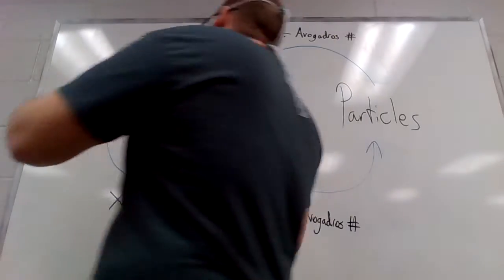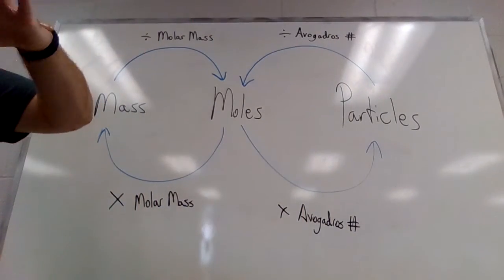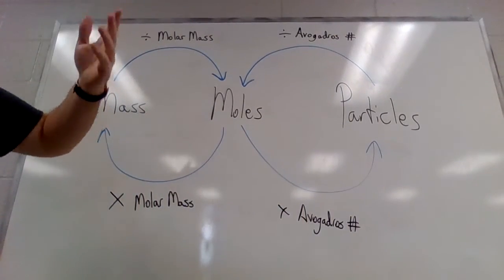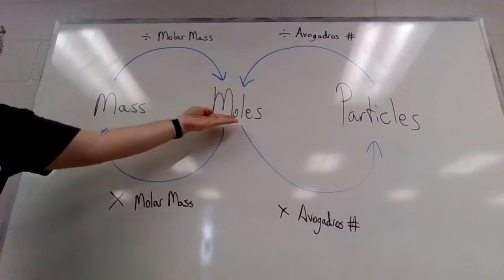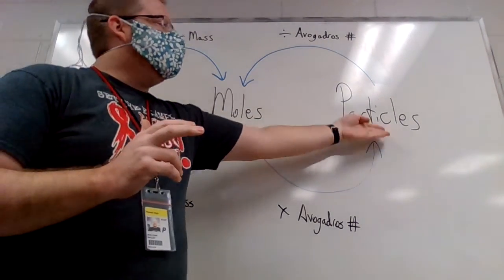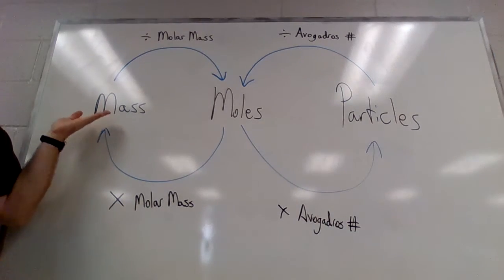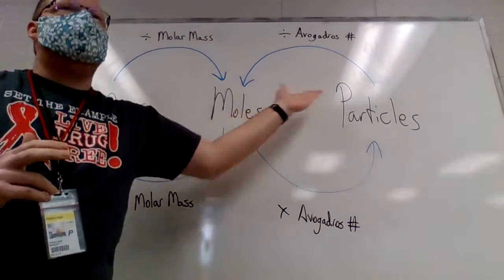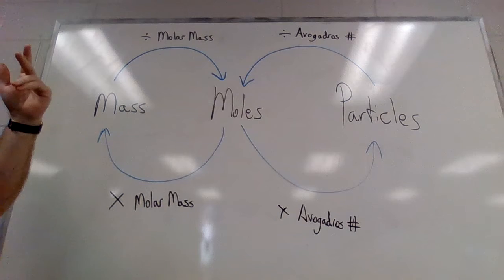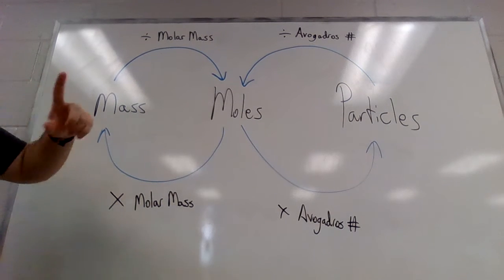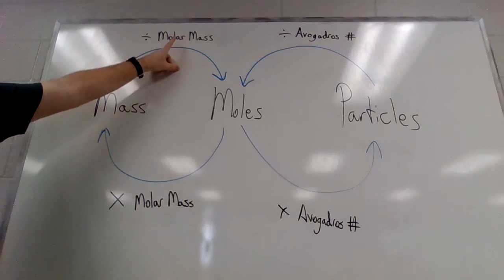The other thing I want to look at is how we're moving from these answers. And that's our whole job here. I need to go from mass to moles, or moles to particles, or particles back to mass or moles. So I can go anywhere from one of these 3 to either of the other 2. And what do I use to get there? I have 2 tools that I use to convert.